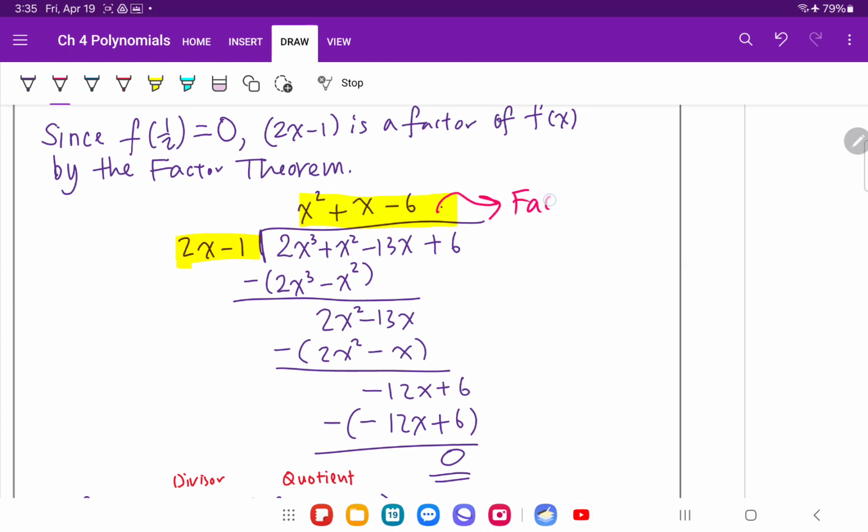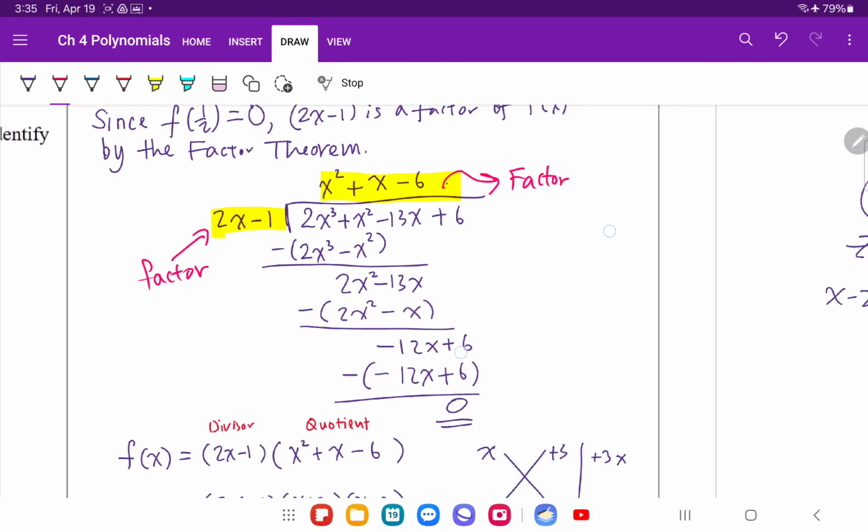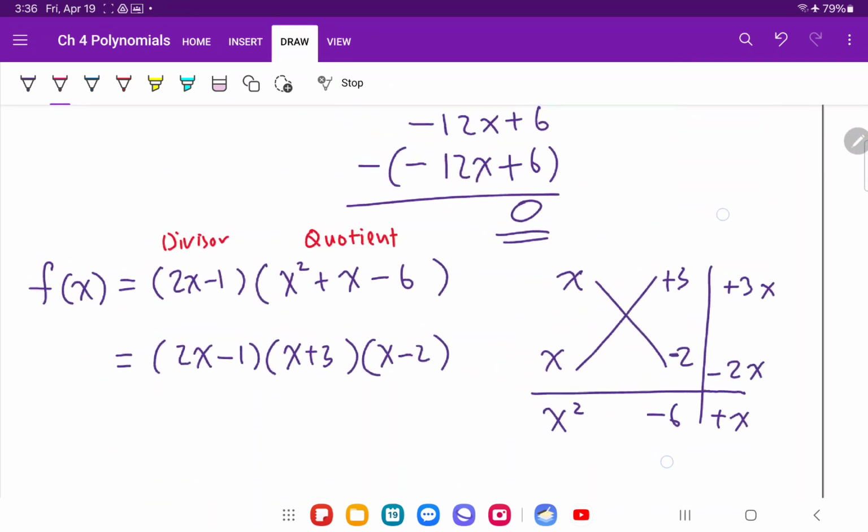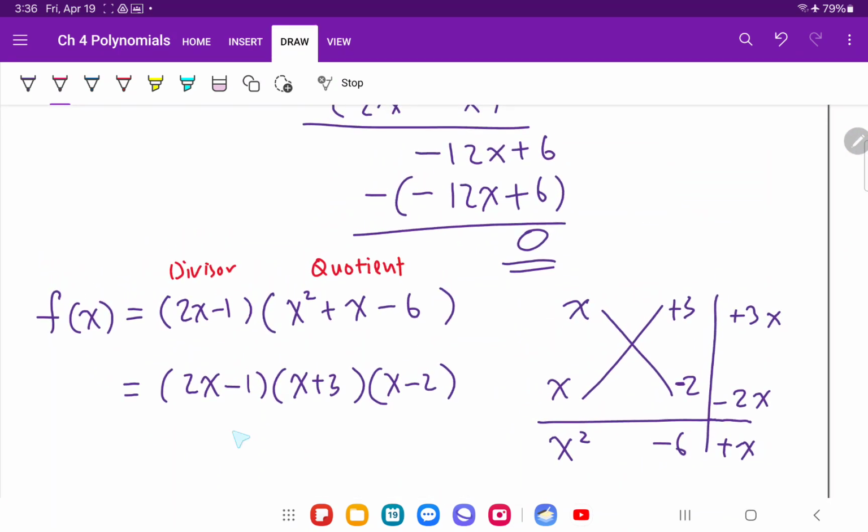So this is a factor, this is also a factor. You write these two factors multiplied together like this below. Right? f(x) equals the divisor times the quotient, both of which are factors. Okay, the quotient part is quadratic. Please proceed to factorize it, and your final answer is 3 brackets.